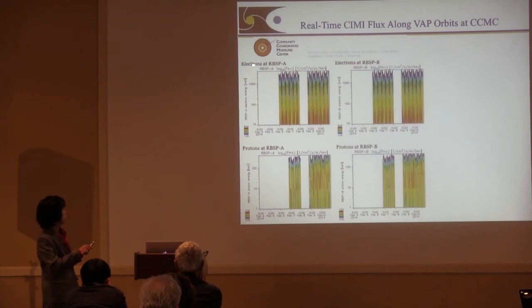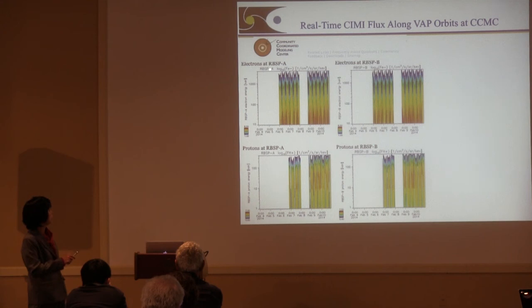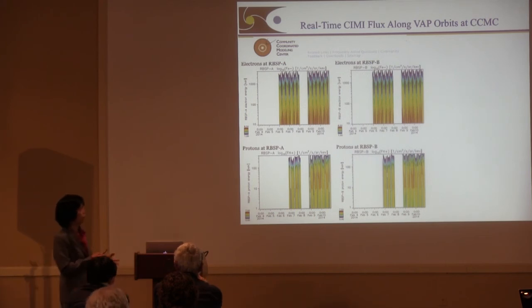Here is the energy time spectrogram along RBSP A, and this is the electron flux and proton flux. This is along RBSP B. So we want to run that in real time and provide what the RBSP will see.